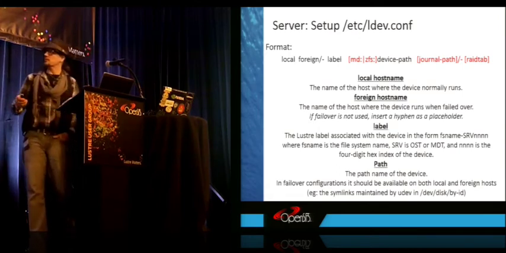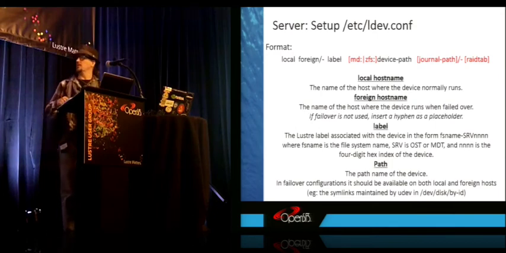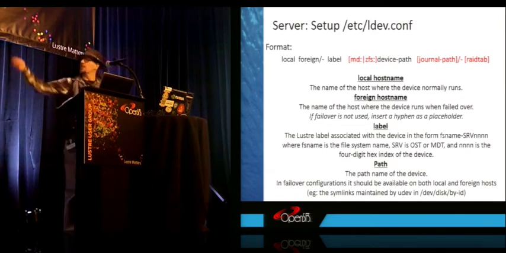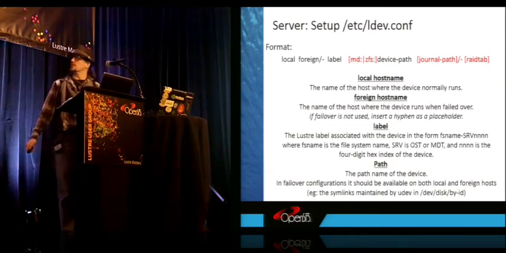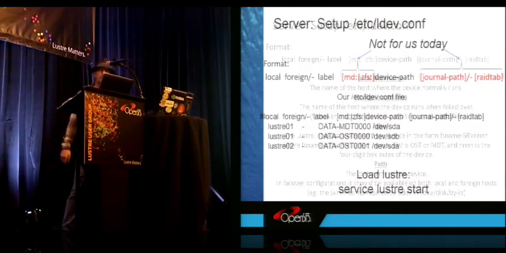Really nice, because a while back, just because of the way things were and how I designed things, I had to go manually mount all this stuff to keep track of everything. And this way you don't use fstab, which is really cool. You tell it where things are, and even for failover and stuff like that, it can mount things properly.